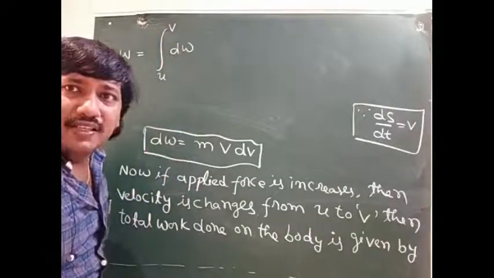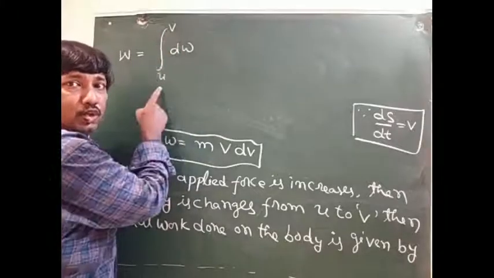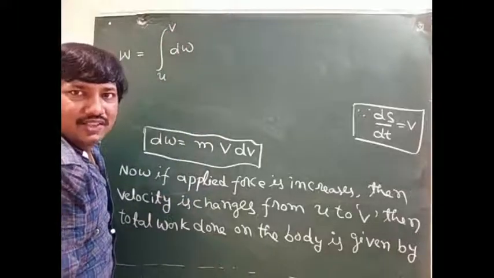Here dW means small work done. Here the limits are u to v. Here u means the initial velocity of the body, and v means the final velocity of the body.